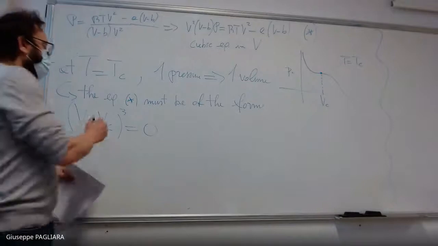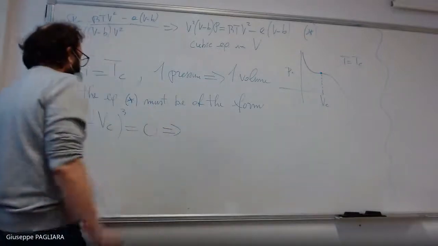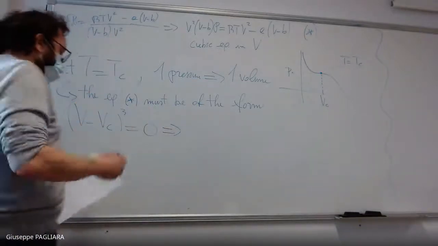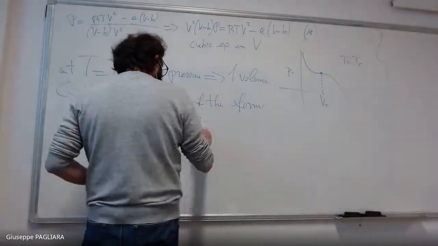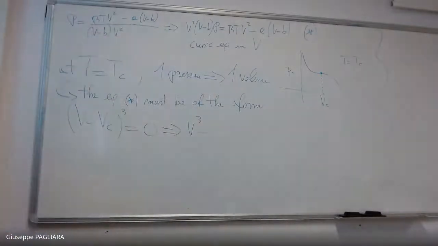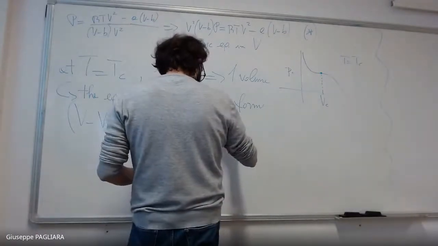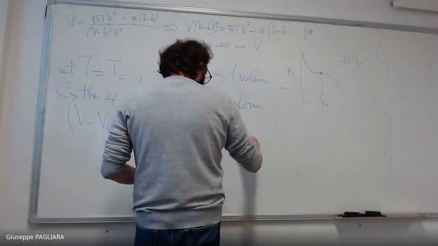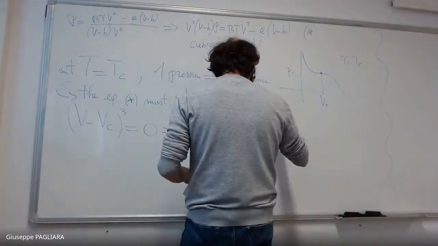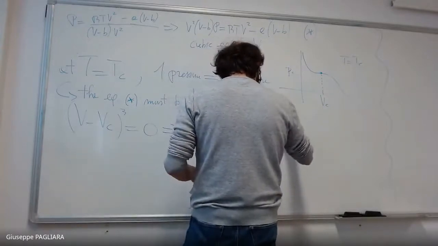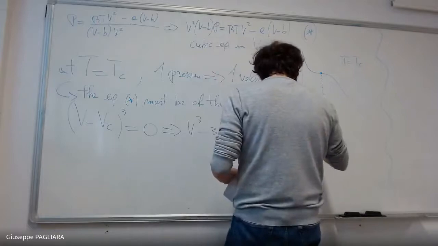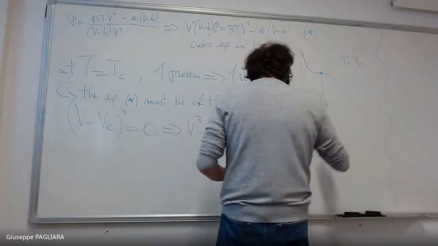Okay, so from this, if you expand it, you get V cubed minus 3 V squared Vc plus 3 Vc squared V minus Vc cubed equal to 0.